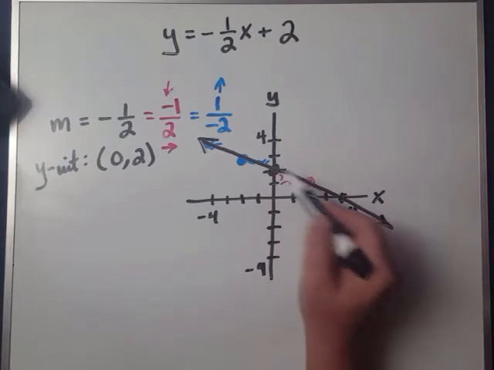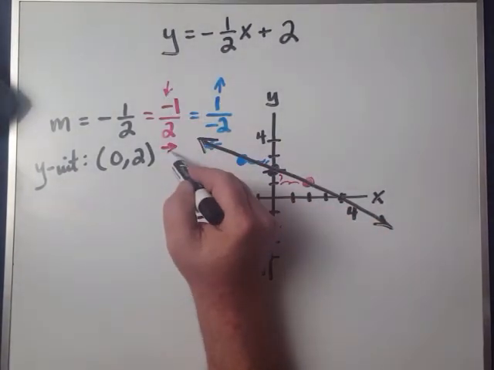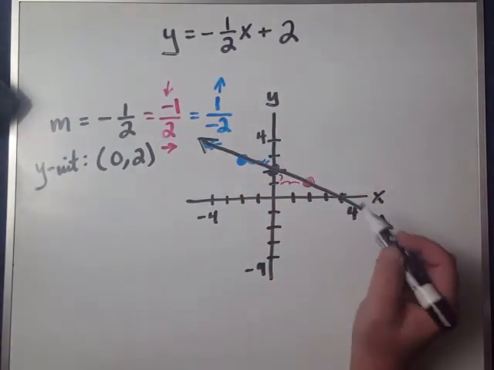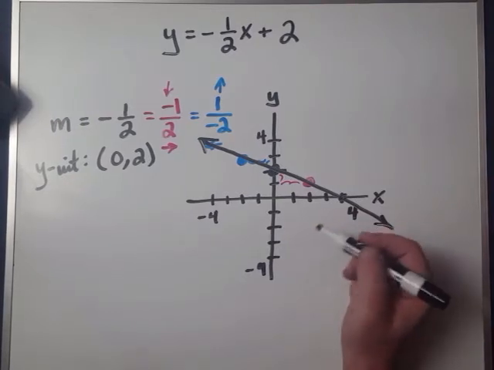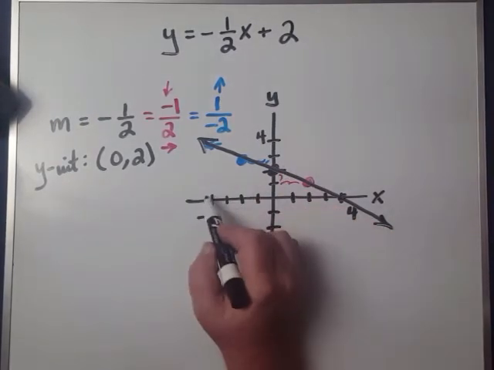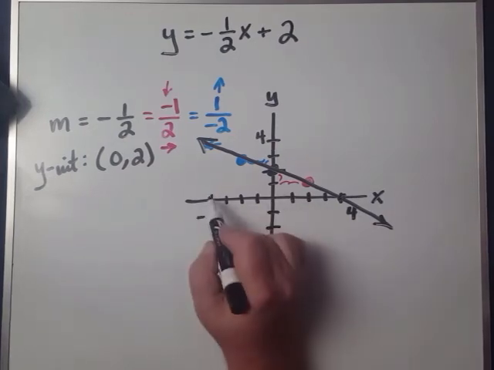You don't need to do both, but pick one. Do you want to go down 1 over 2 or up 1 back 2? In this case, it really didn't make much of a difference. In some problems, it's easier. Consider if we had a point that was way over here on the far left of our coordinate plane.